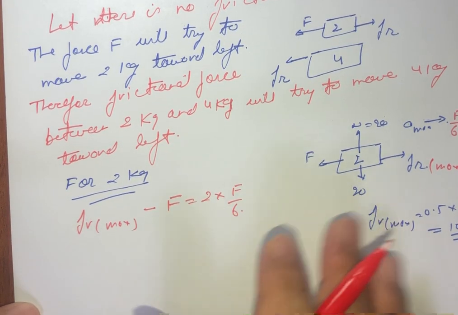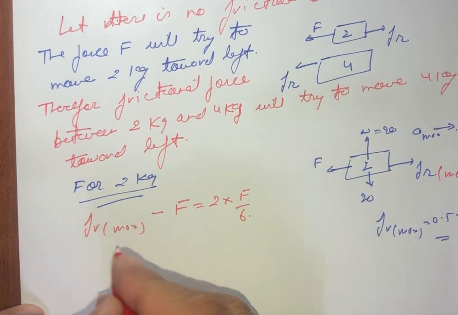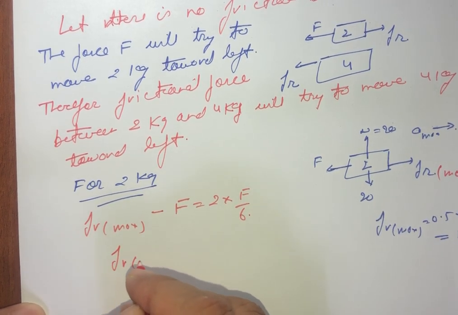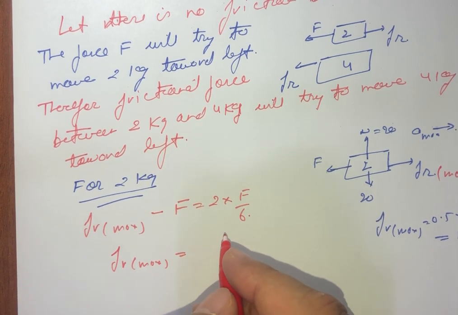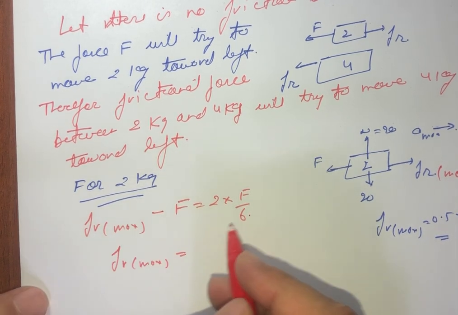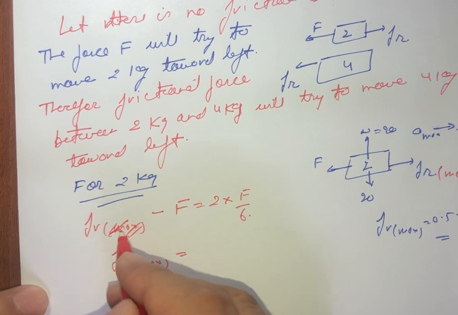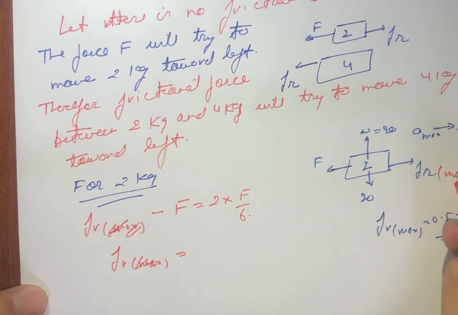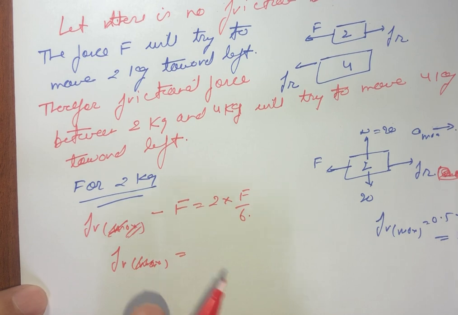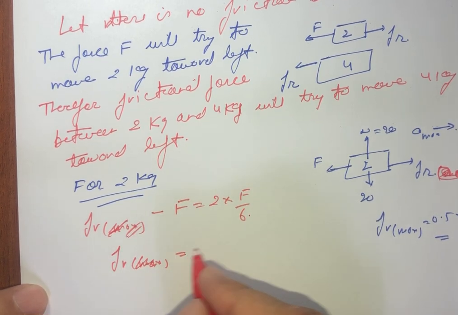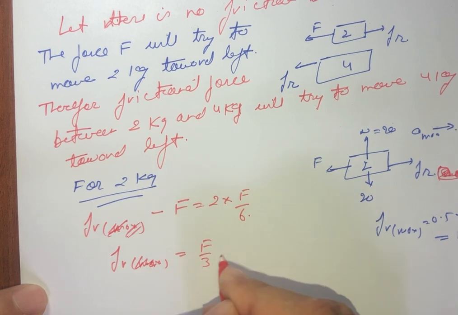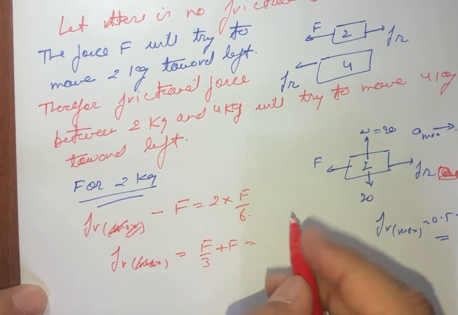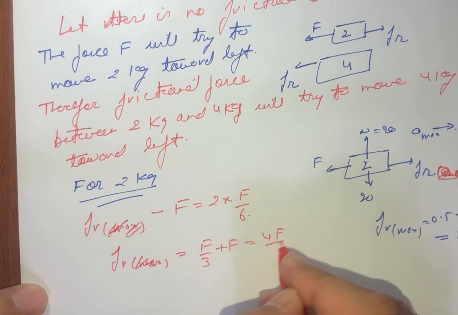From here, we are going to find out the required value of Fr. So Fr will be equal to F by 3 plus F, so it becomes 4F by 3.